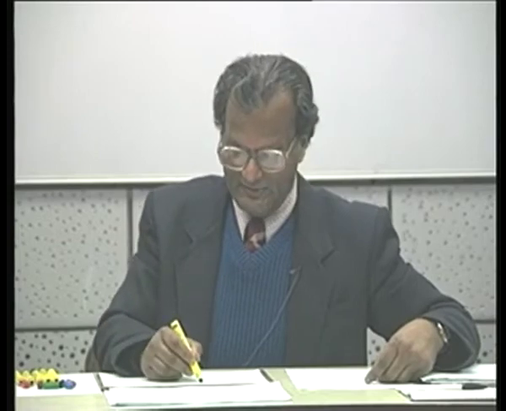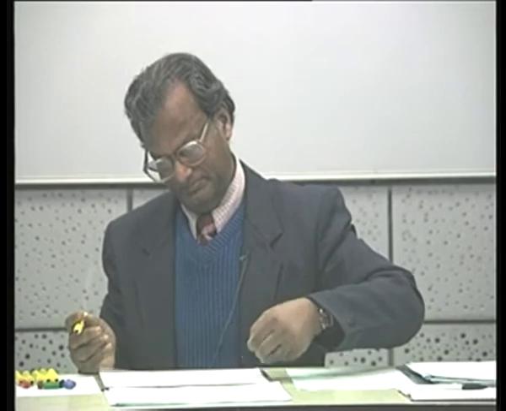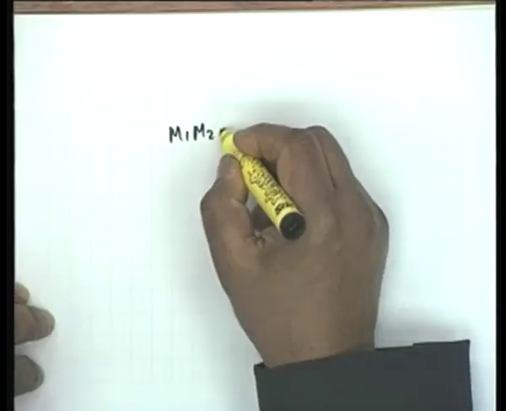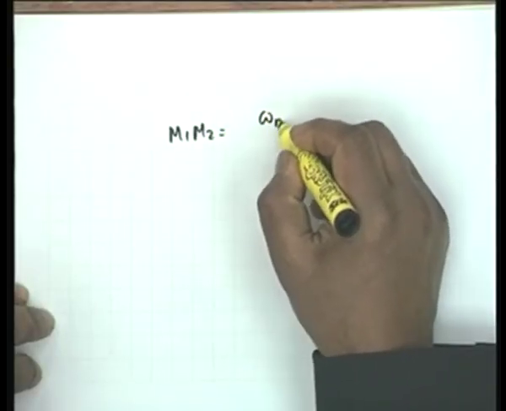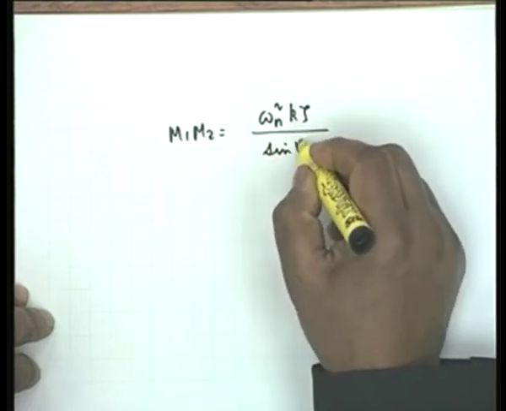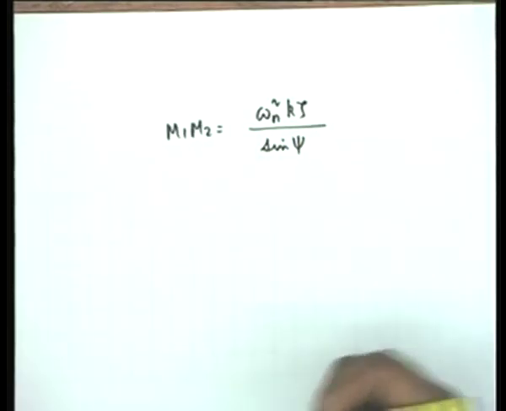One is in terms of its base and the height, and the other in terms of m1, m2 and the included angle. Therefore, let me not derive this again. m1 m2 is equal to omega n squared k zeta divided by sine psi. Was this the result derived earlier? Yes, sir. I guess so.